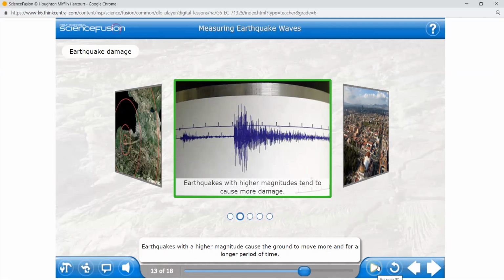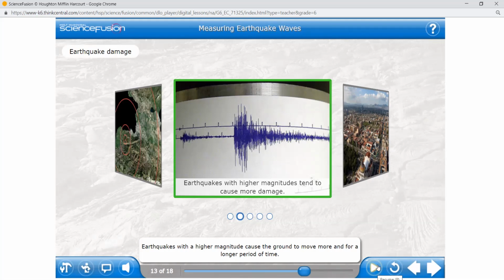Now let me ask Zishan, what will be the magnitude? What is the number which you will say is a higher magnitude with a lot of destruction? Yes, Judy, what magnitude do you think would be very high? Yes, Noor? What number do you think gives a higher magnitude?